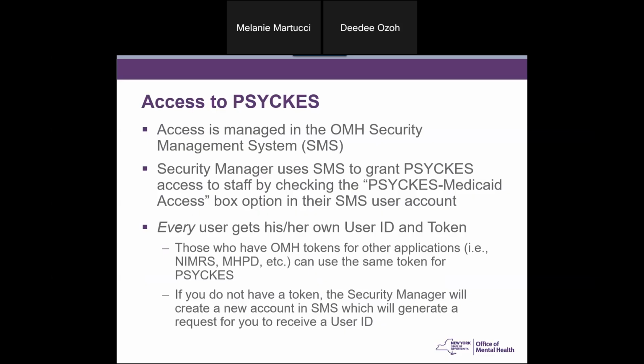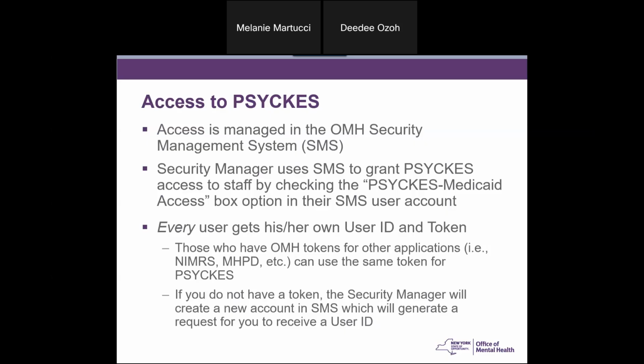So individual users are granted access in the OMH security management system. And again, to do this, the security manager will use SMS to grant PSYCKES access to staff by checking the PSYCKES Medicaid access box option, and this will be in their SMS user account. So every PSYCKES user will get his or her own user ID and token, so they aren't supposed to be shared with anyone at your agency.